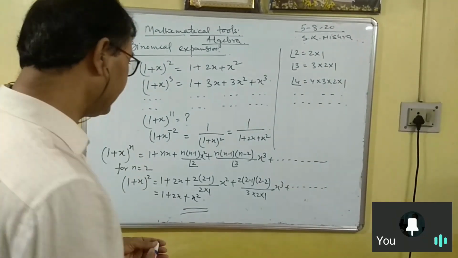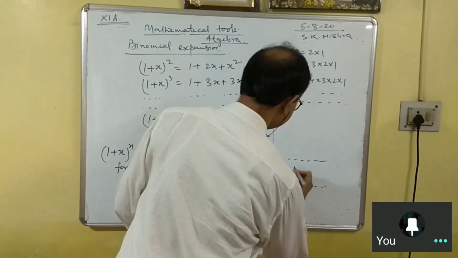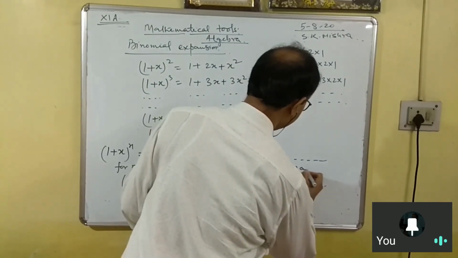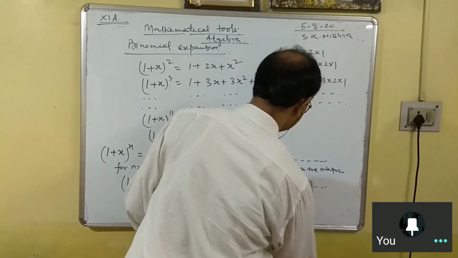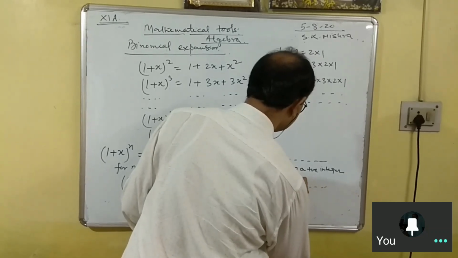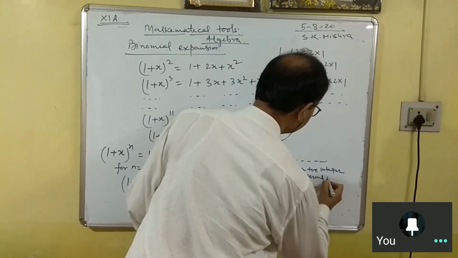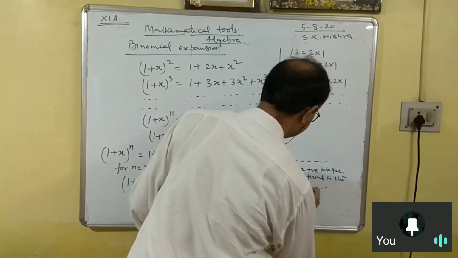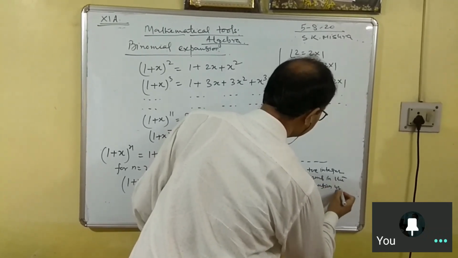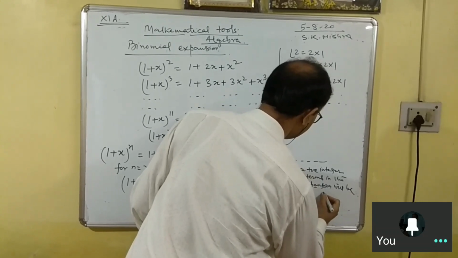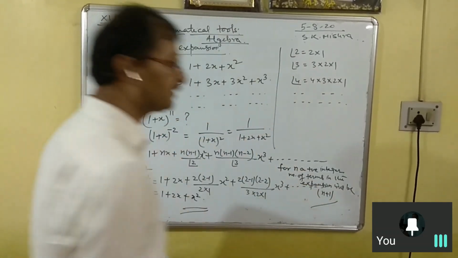For n a positive integer, write somewhere, the number of terms in the expansion will be n plus 1. Total n plus 1 terms will be there.